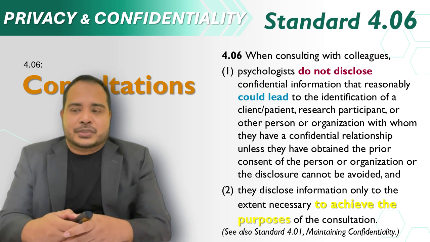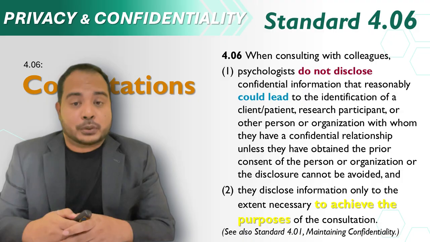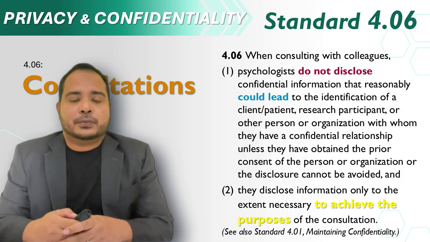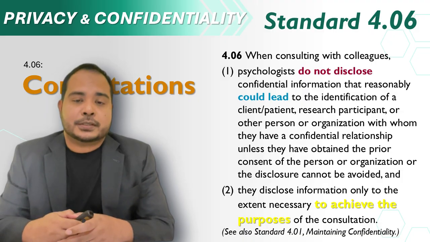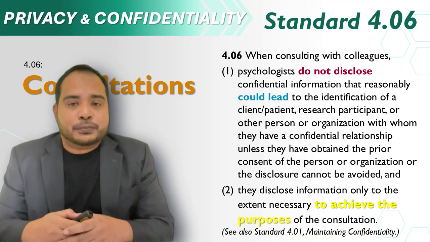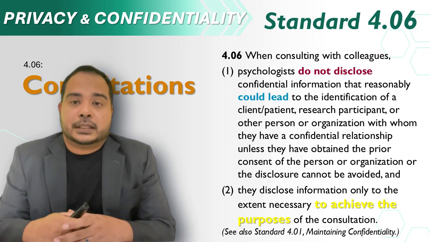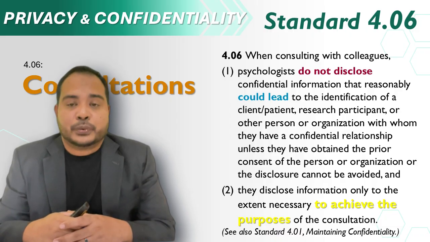This should not be shared during the consultation. So what happens if we adhere to these three requirements in order for us to fulfill standard 4.06? The implication of this standard basically informs us that when we are involved in consultation, we must remove identifiers whenever possible.